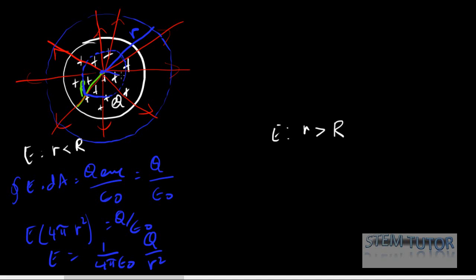So now your radius is this small radius, and the charge being enclosed is the charge that is inside this blue sphere. So how do we find that? To find that, you define the density of charge on the sphere as total charge over total volume.